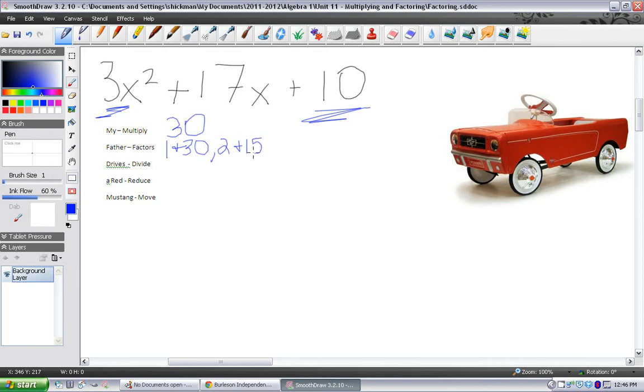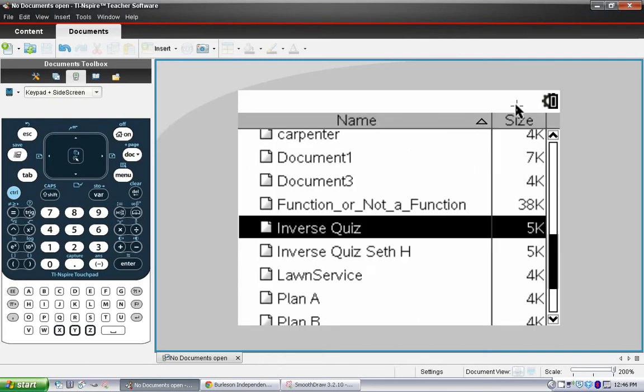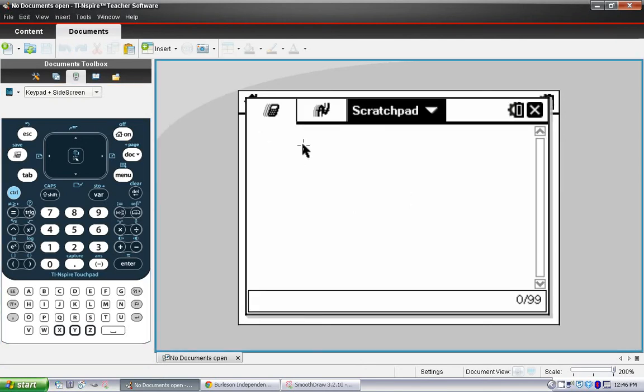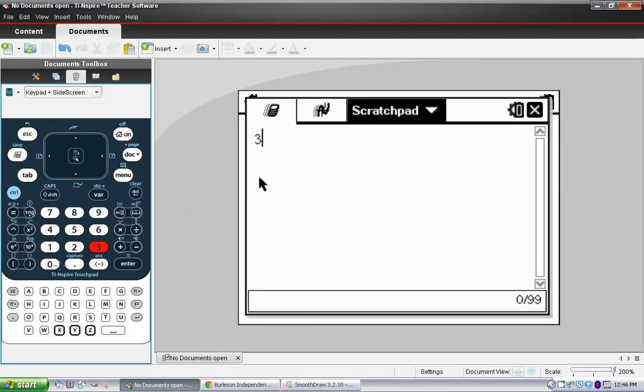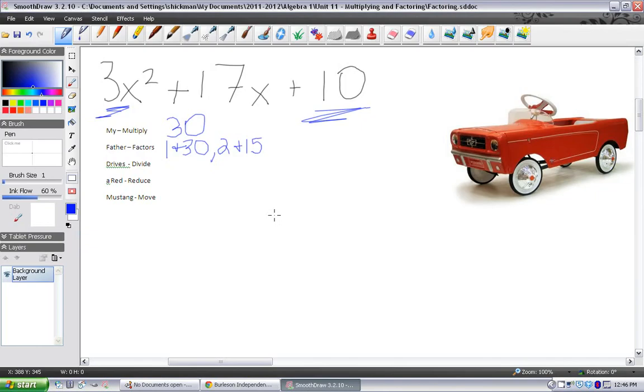If you're not sure what multiplies to 30 or whether it does, go to your calculator and do 30 divided by, in this case, 2, and hit Control Enter to see if we get a whole number. We do. It is 15. So that's our 15 here.